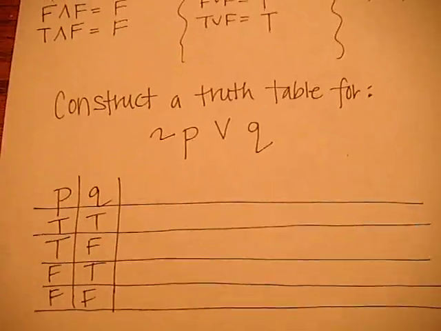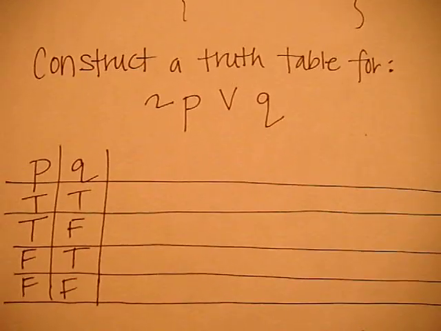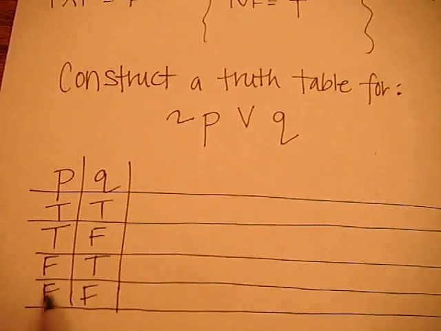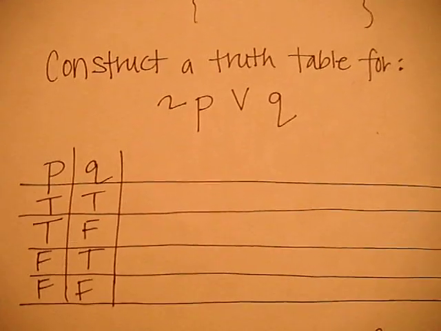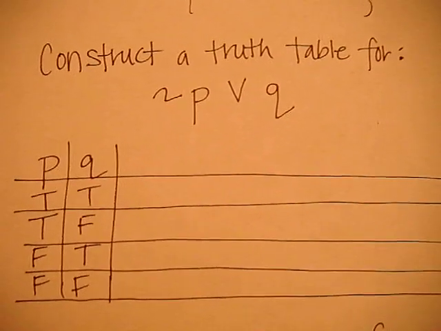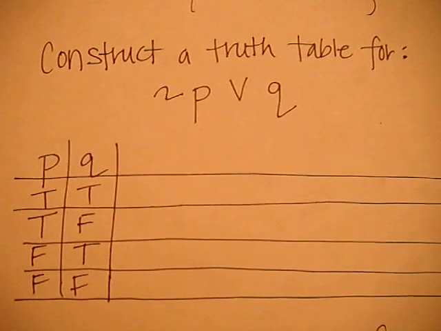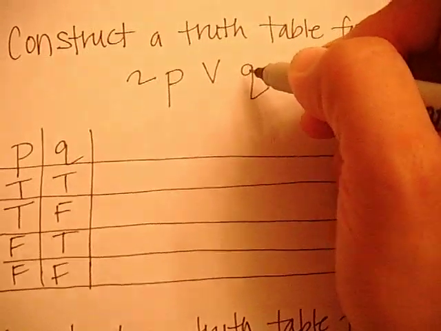Okay, so let's start with a very simple truth table. Construct a truth table for not P or Q. Of course, we start out with P and Q with all of their possible combinations of truth values. We always start with our negations in the first columns that we add. Here I need not P. I do not need not Q because not Q is not pictured anywhere here.